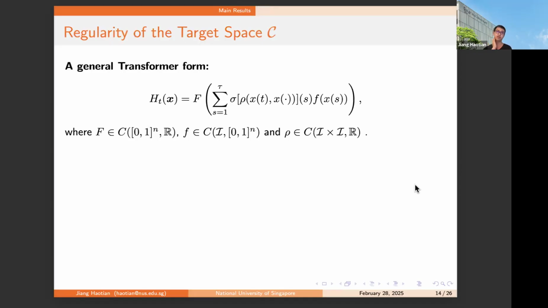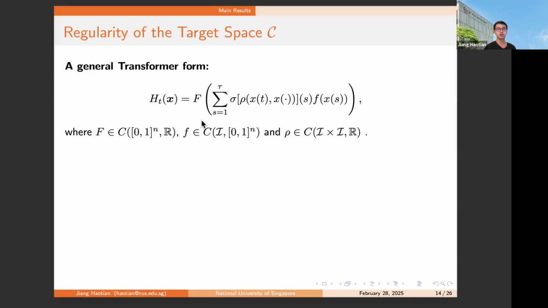This is the same for the transformers. We need to consider some regular subspace of the target space, because for all continuous functions, we cannot have a rate on it.